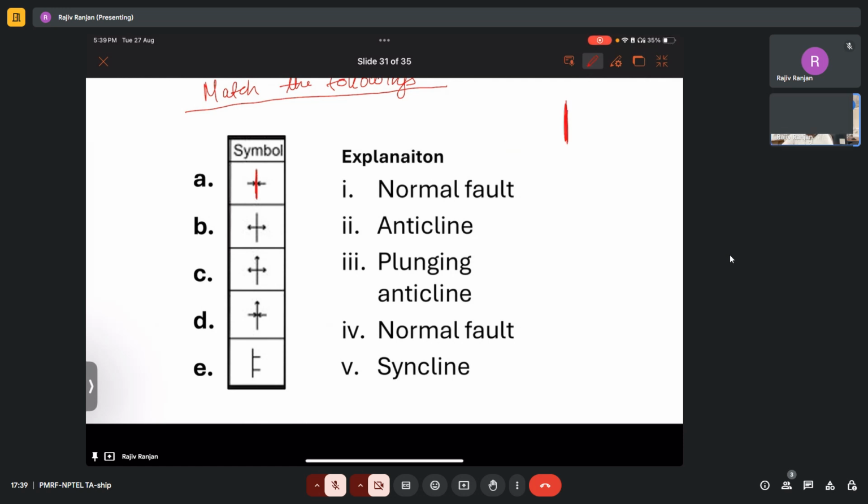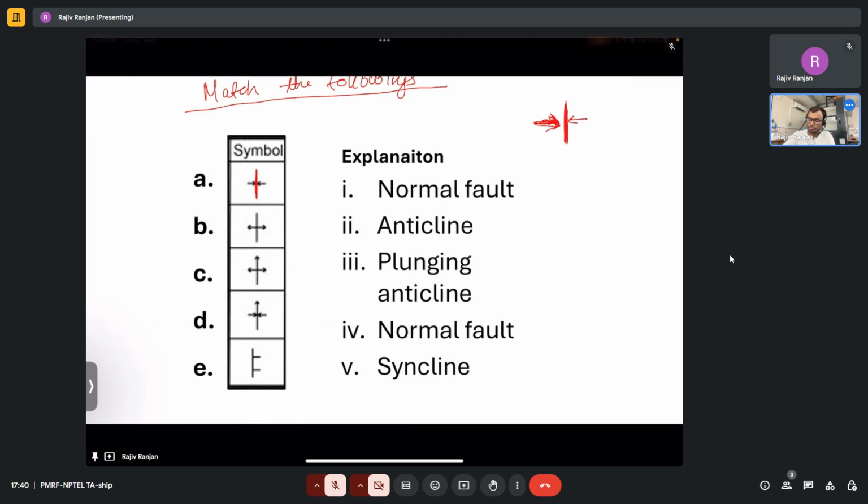This is a strike, option A, and we have something like this. It is indicating a dip direction, right? And dipping in the same directions.